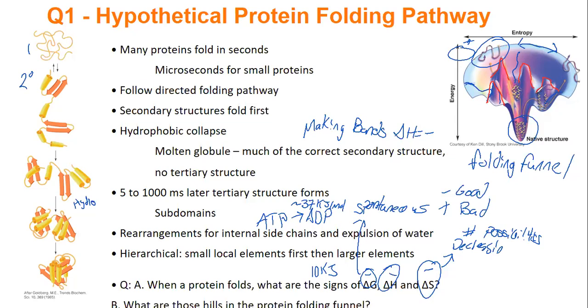Anyone have any guesses? Bonds forming? No, bond forming is good. Bond forming is negative energy. We want bonds to form. Unfavorable conformations. Yes, that is more or less correct.